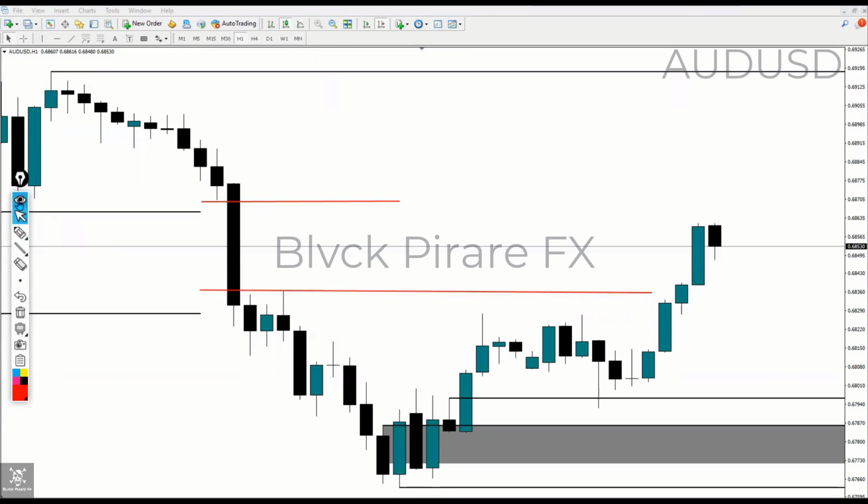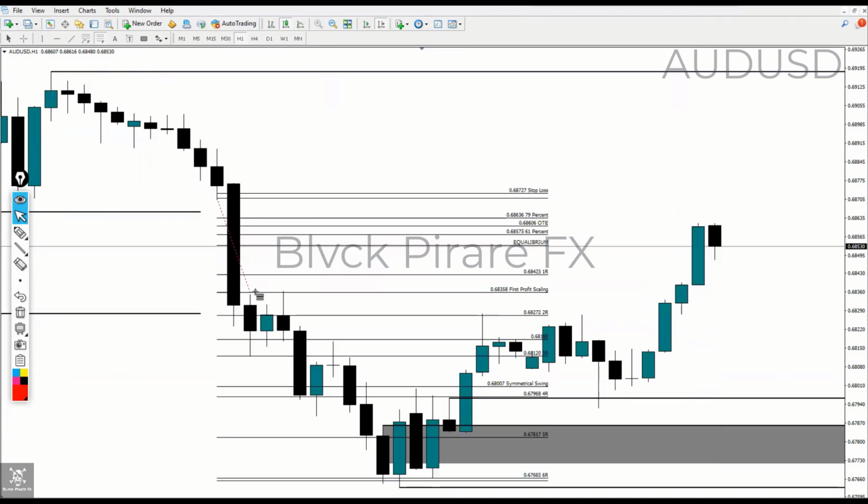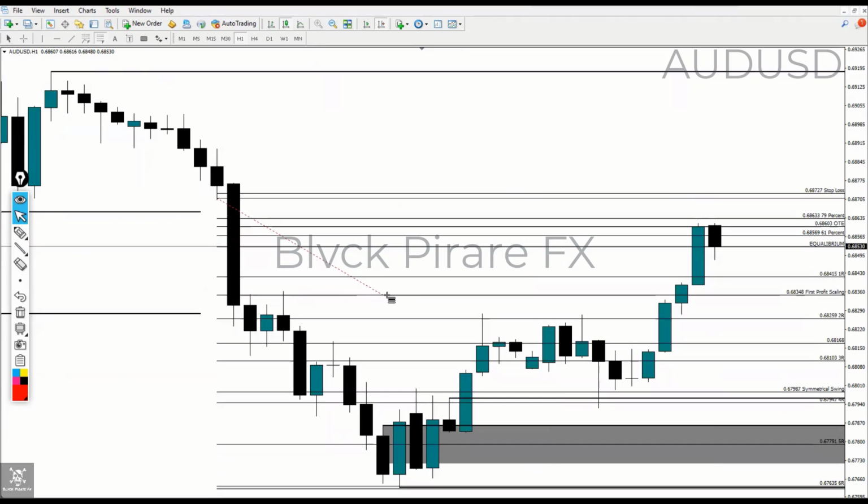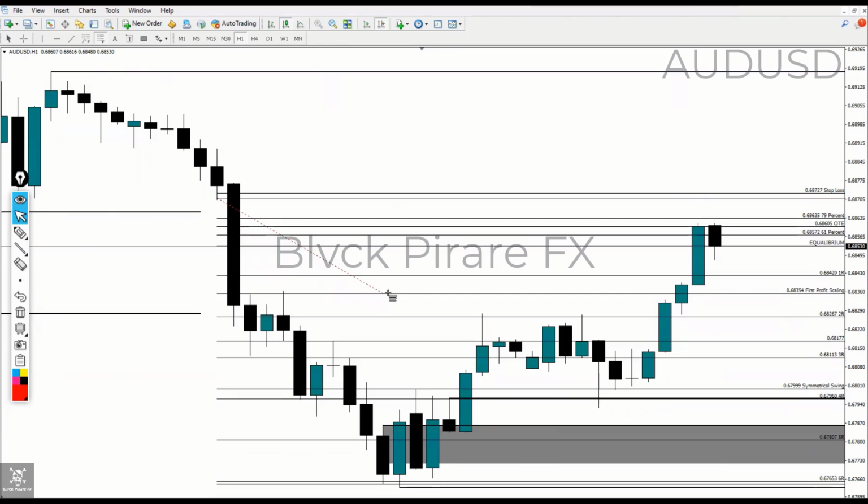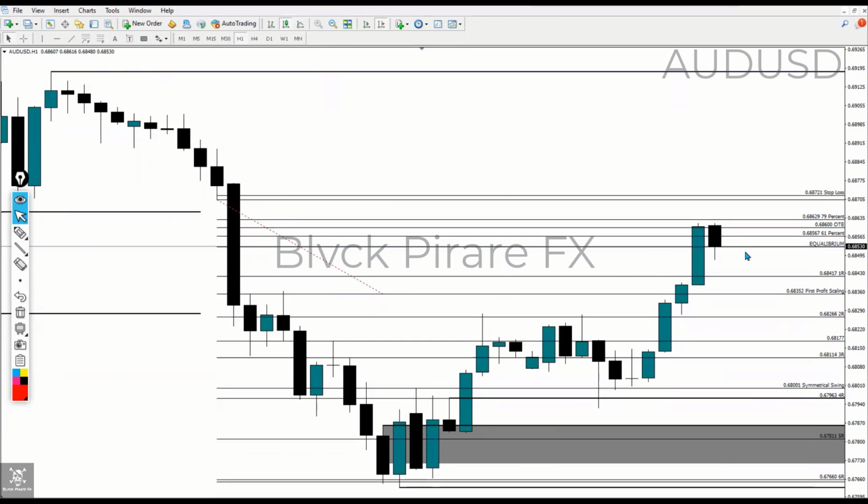We're going to use our fibs. That's the original fair value gap. At the equilibrium, which we regard as the consequent encroachment of this candle, I'm actually watching this candle. I would not prefer for them to trade and close below the equilibrium point of this candle right there.